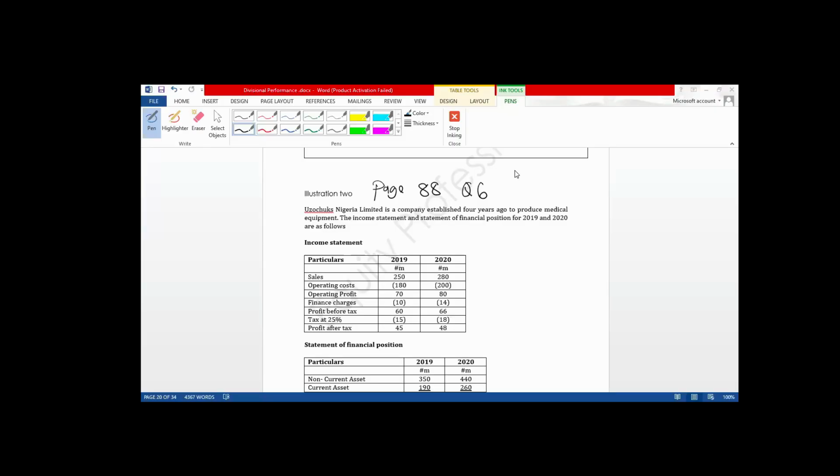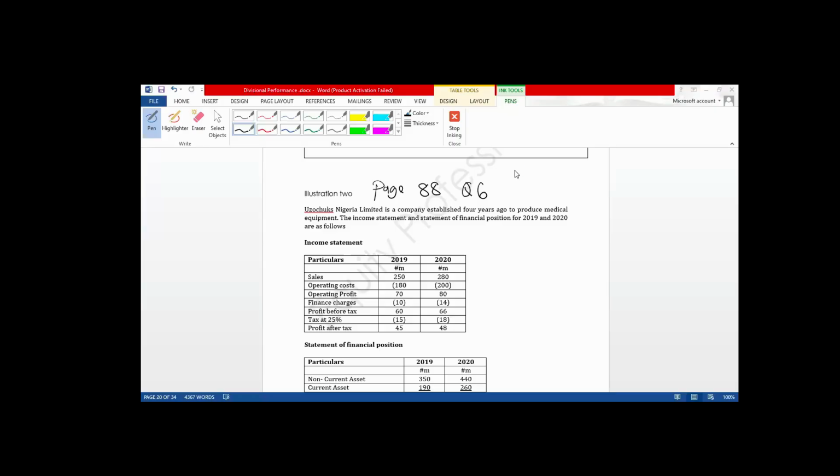Uzo Chooks Nigerian Limited is a company established 4 years ago to produce medical equipment. The income statements and statement of financial position for 2019 and 2020 are as follows.